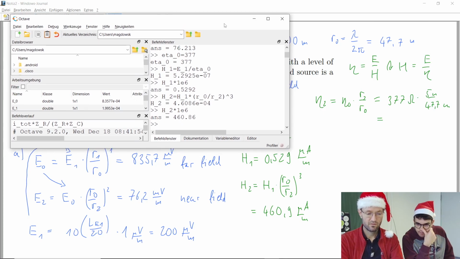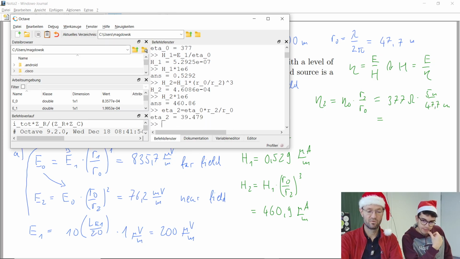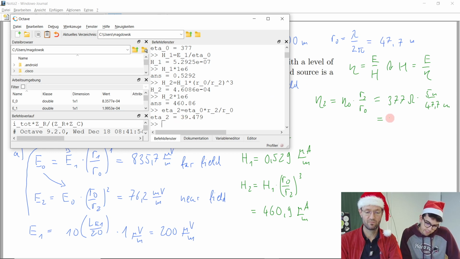Eta 2 is eta 0 multiplied with R2 divided by R0. And then we should get something that is smaller than eta 0. Because we go down by a factor of 10, it should be 37 point something. Yeah, and so we get not 37, but 39.5, let's say.